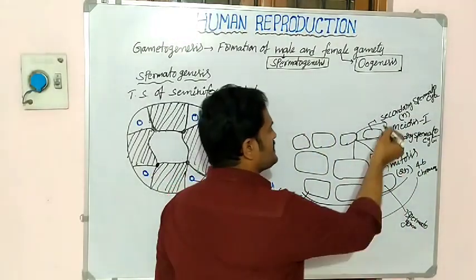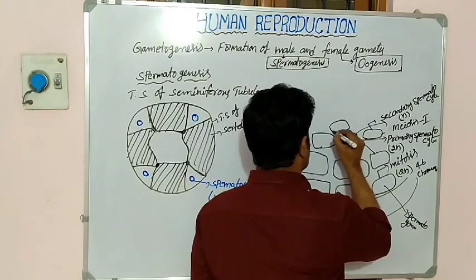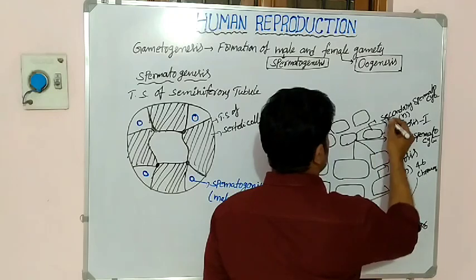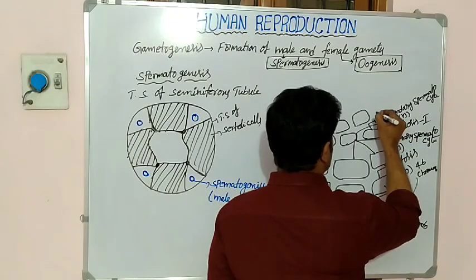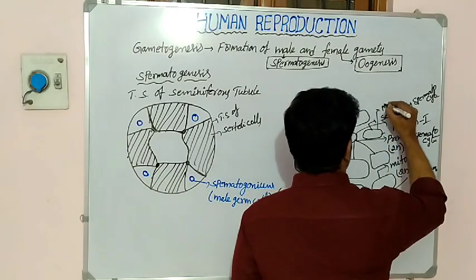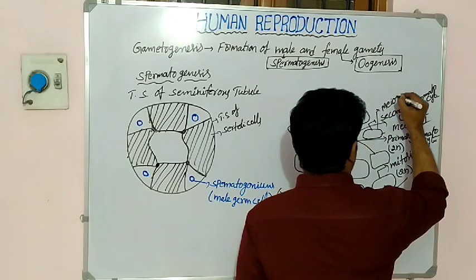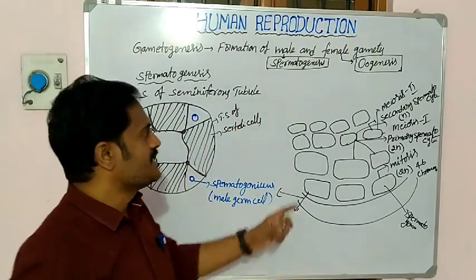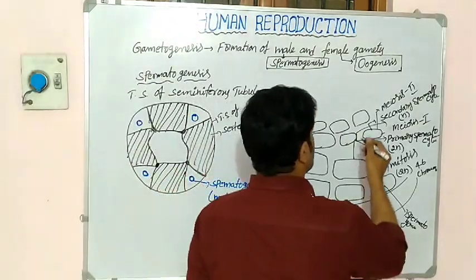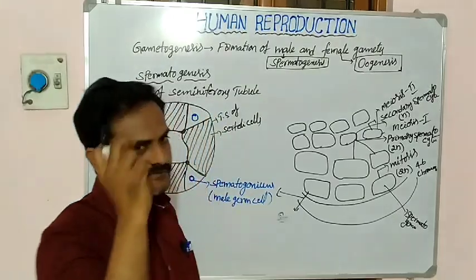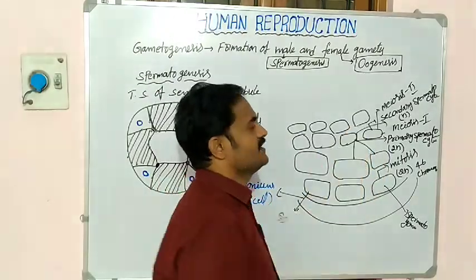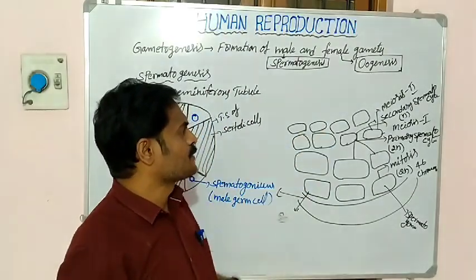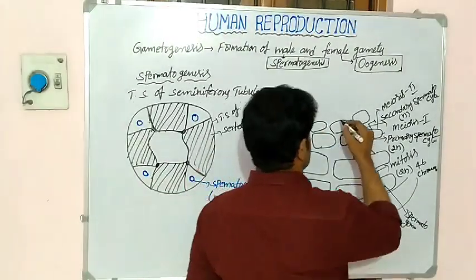Then again, the same secondary spermatocytes participate in meiosis 2. Due to the result of meiosis 2, each cell divides into 4 daughter cells. Already you know, after the completion of meiosis, each cell produces 4 daughter cells.